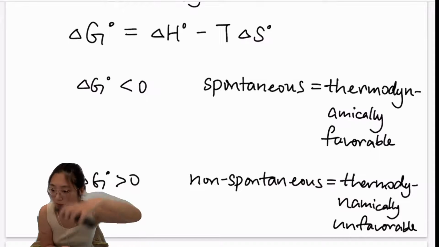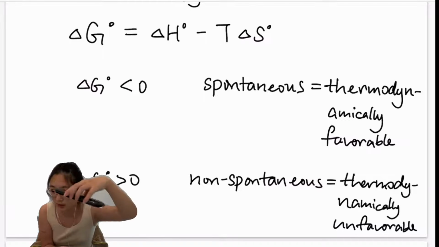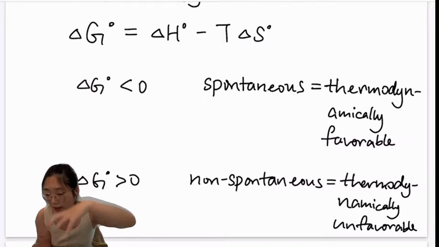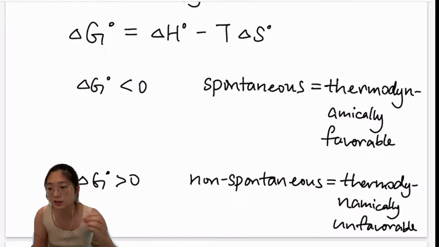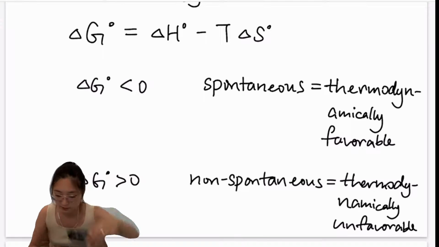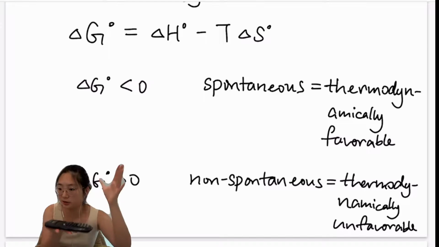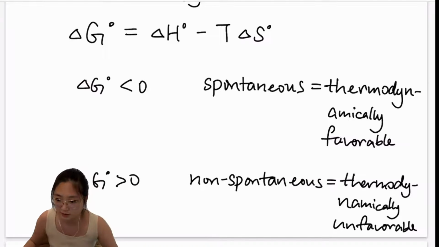This is not a spontaneous process. This is a non-spontaneous or thermodynamically unfavorable process, because I am actually applying a force, transferring my energy to the calculator to lift it. The calculator is not lifted naturally by doing nothing.